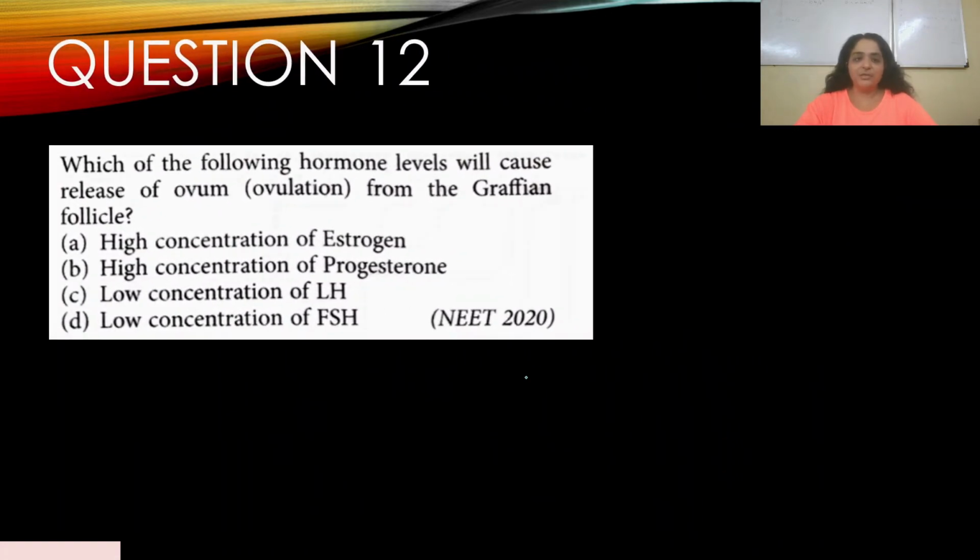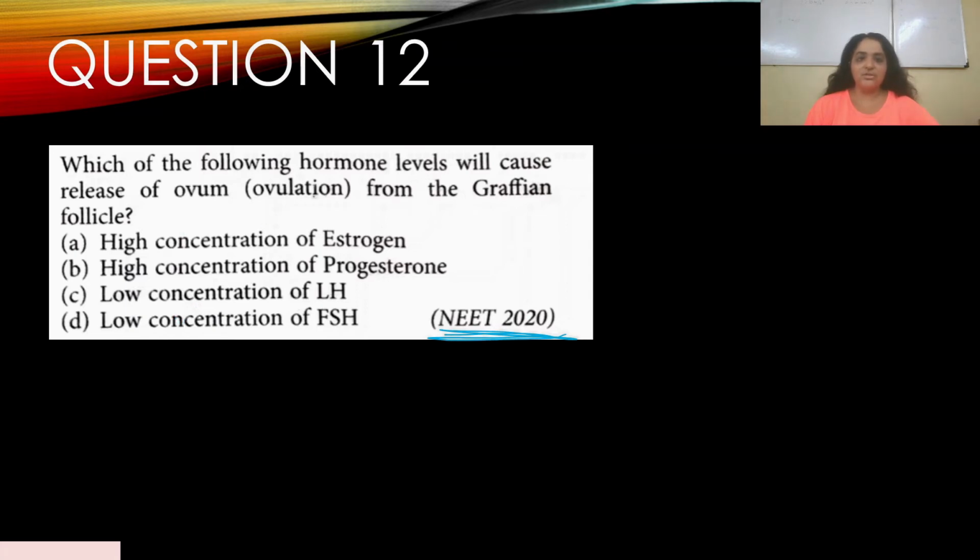Question number 12. Which of the following hormone levels will cause release of the ovum from the Graafian follicle? This appeared in NEET 2020, so it's pretty recent. A, high concentration of estrogen, B, high concentration of progesterone, C, low concentration of LH, and D, low concentration of FSH.